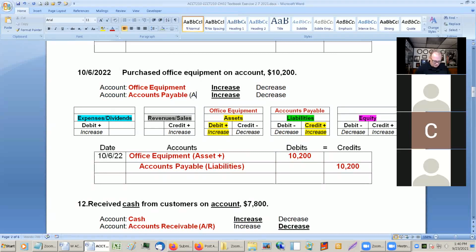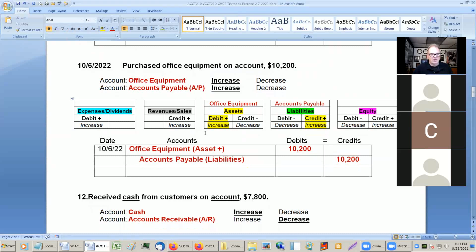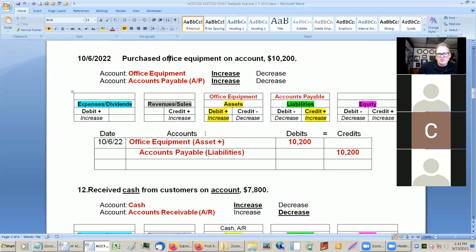Yep, all the time. Well, in my class, yes. I can't speak for other instructors, but yeah. And accounts payable, you'll see that often called AP. Those abbreviations are used so commonly.